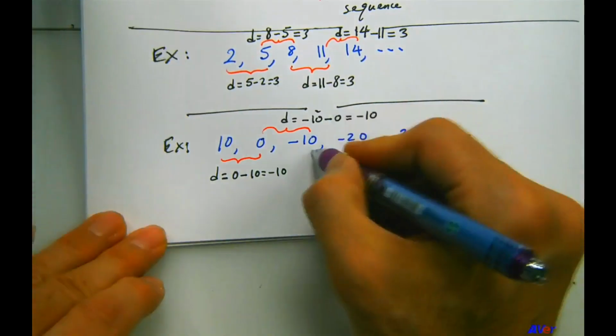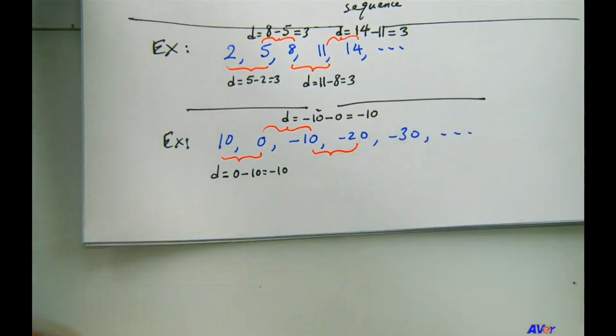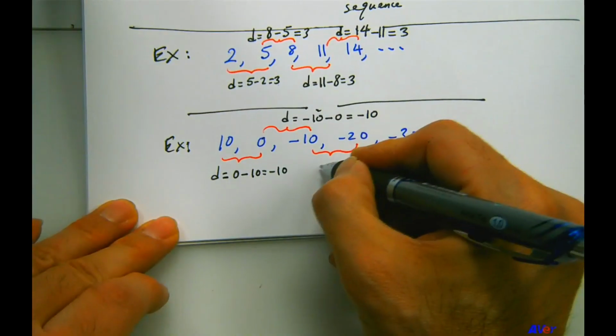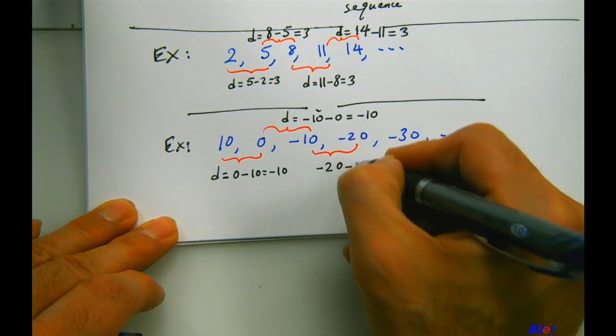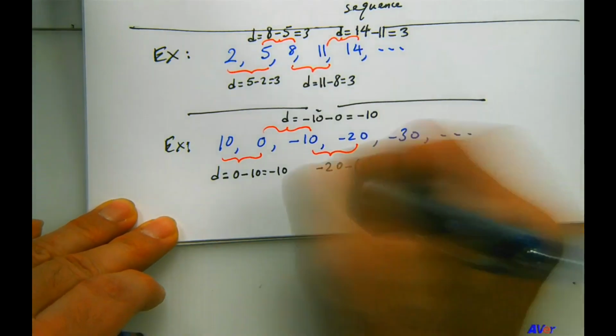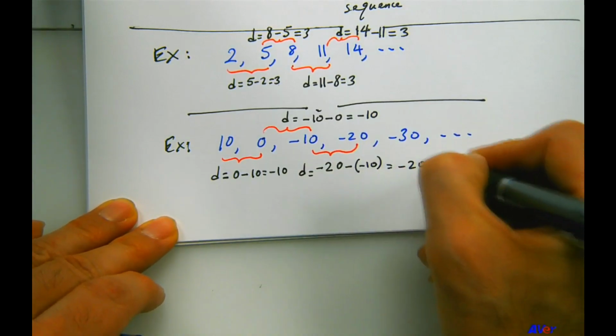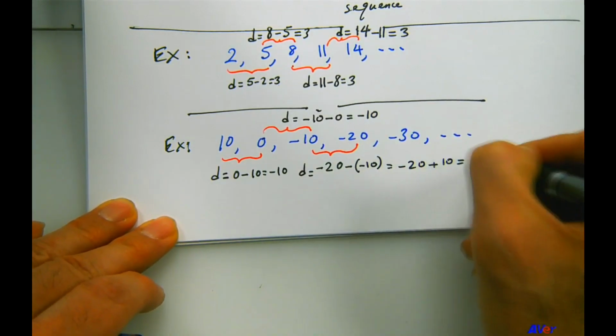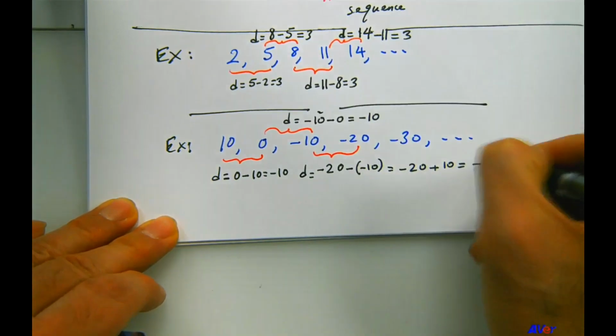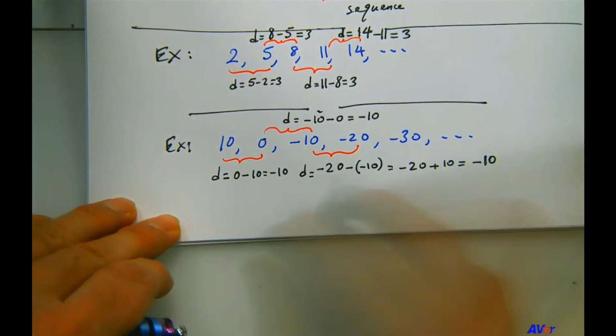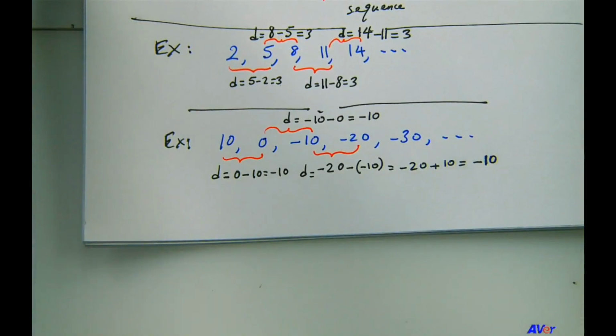We can take the common difference between these two: it would be minus 20 minus 10, or minus 20 plus 10, which is minus 10 once again. So in each case, you can verify that the common difference is -10.